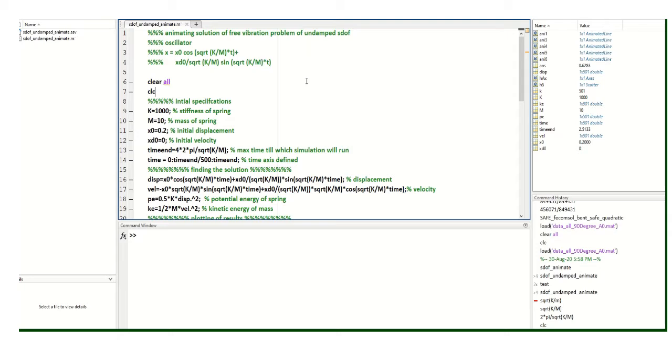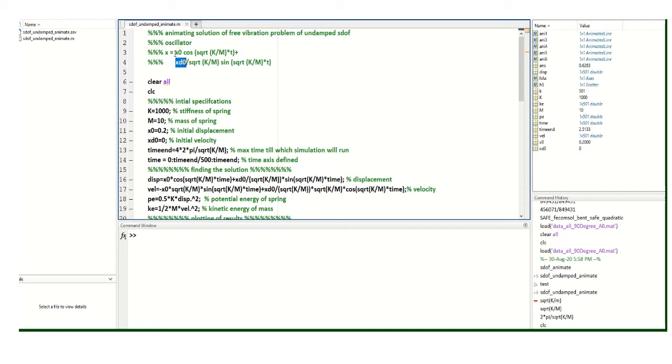M is mass, K is stiffness, and you will be able to see that the term inside the bracket, square root of K divided by M, has system parameters involved in it. Once you decide the mass and spring stiffness, this part is determined, and what changes is the initial condition that you give, which is x0, the displacement, and x dot 0, which is the velocity.